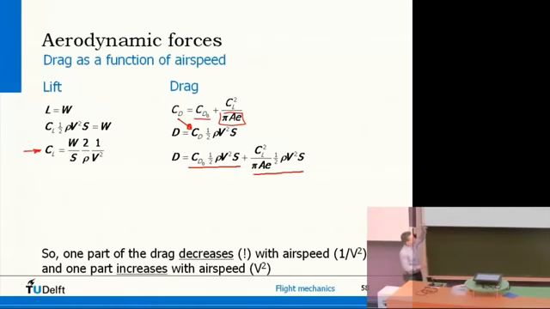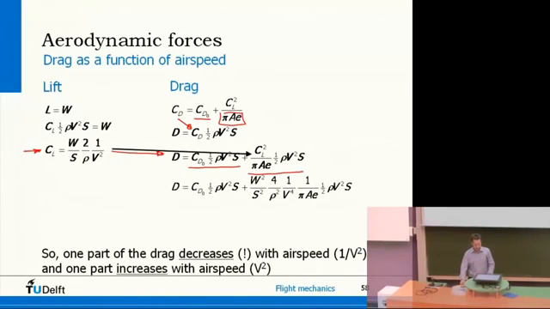So we already have a relationship for the lift coefficient. Let's just take that equation on the left and put it into the equation on the right. If you do that, this is what you end up with. You don't have to derive this yourself, just see what happens.